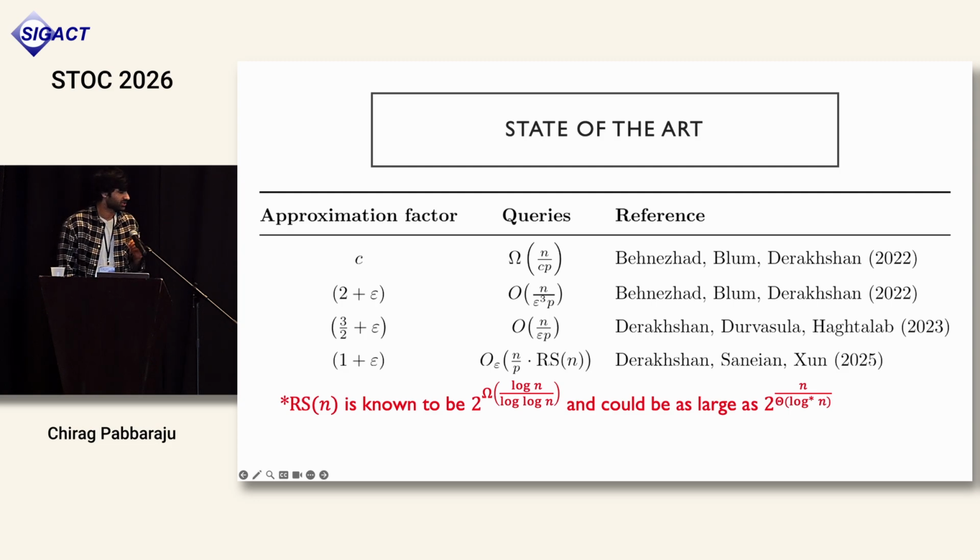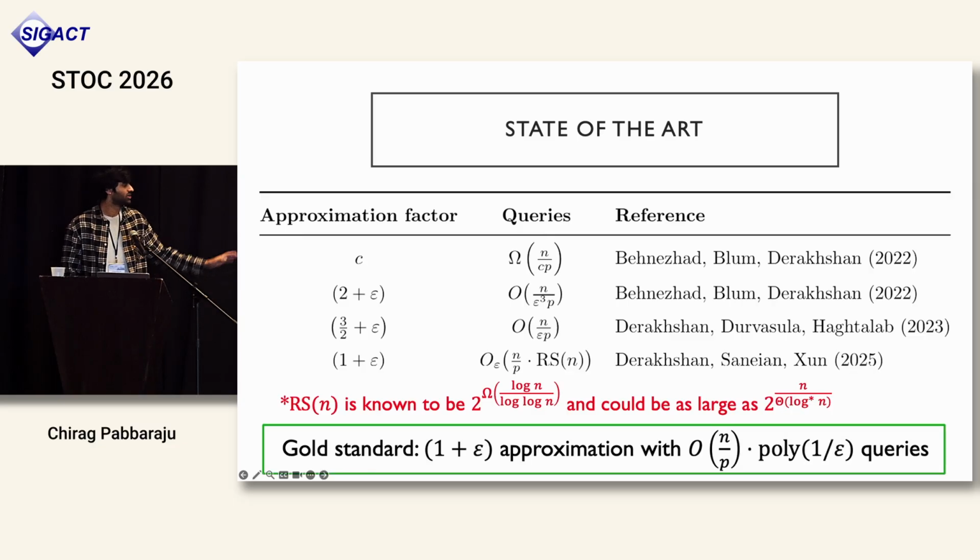The definition is not too important, but what's important is that that quantity is super linear in n. So it's still not achieving this gold standard for this problem, which is to obtain a 1 plus epsilon approximation with a number of queries that is order n over p, and some polynomial factors in epsilon. So that's the gold standard which was missing before our work.